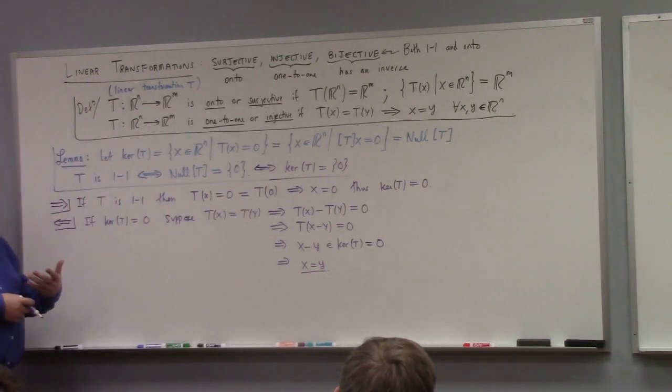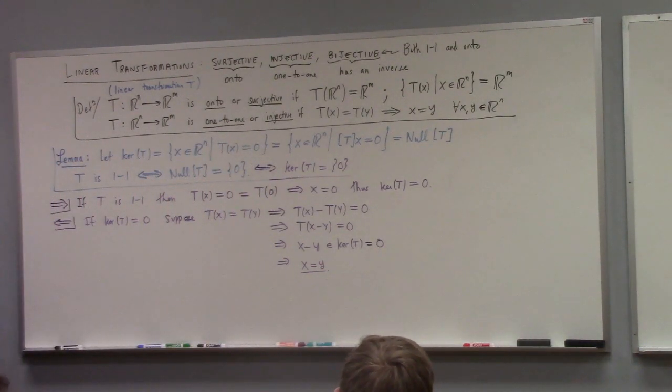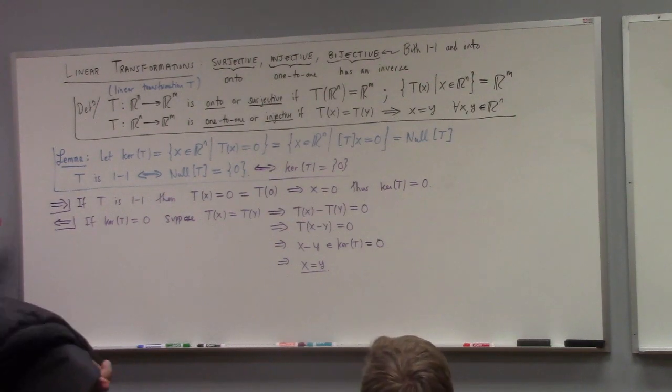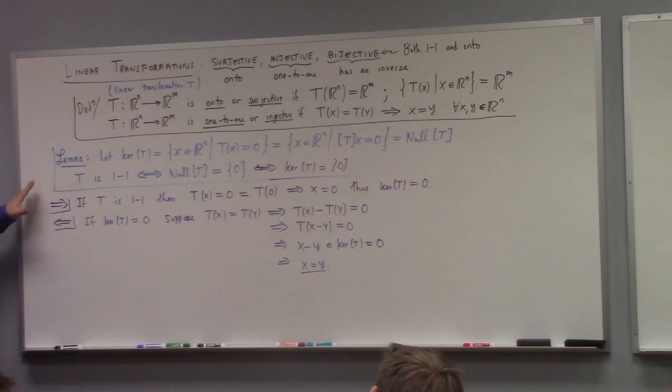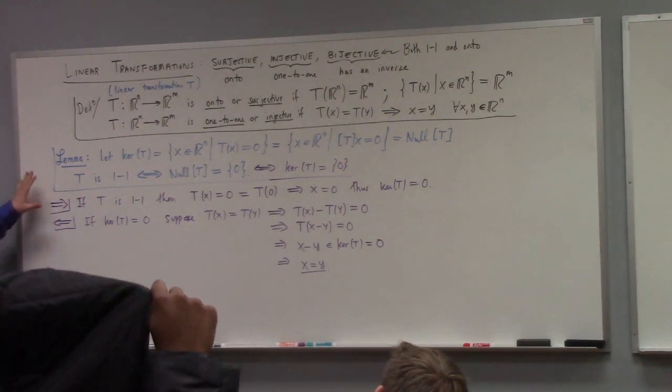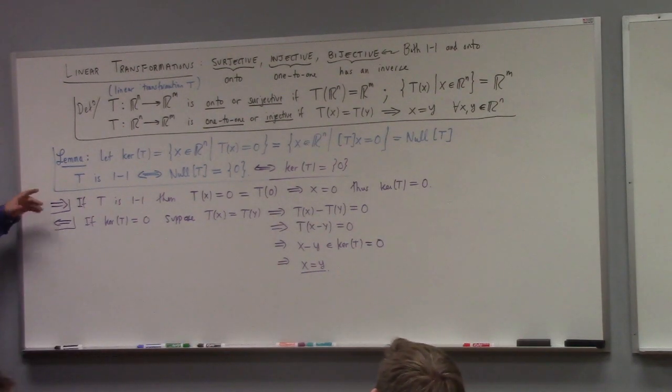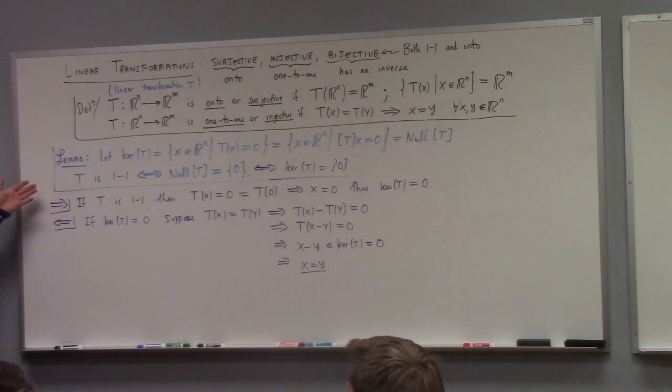Because if x minus y is equal to 0, that forces x to be equal to y. Therefore, a linear transformation is 1 to 1 if and only if it has a kernel which is 0. Or in other words, that the null space is 0. All right? Are we in agreement? Okay.